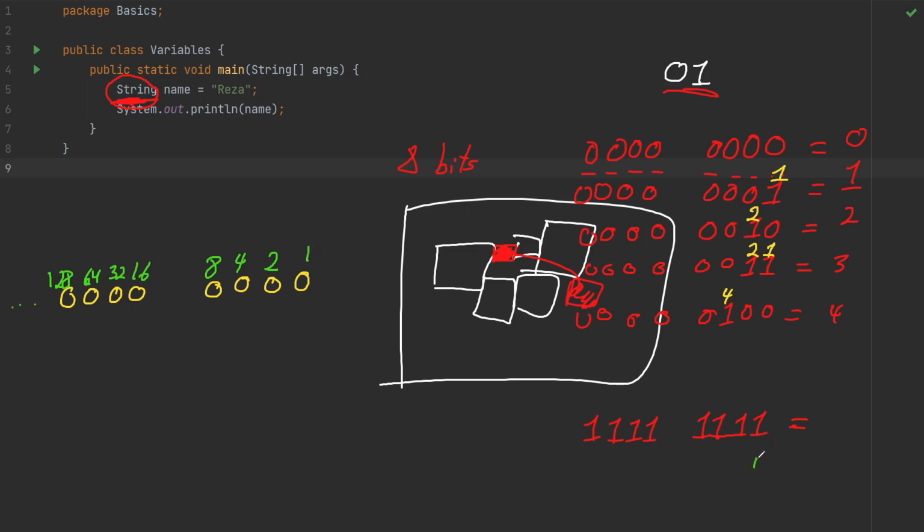So you're basically doing 1 plus 2 plus 4 plus 8 plus 16 plus 32 plus 64 plus 128. Do you know this? If you add them all up, it's going to give you 255.